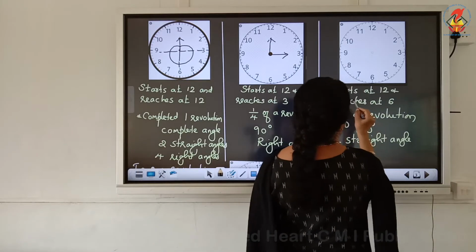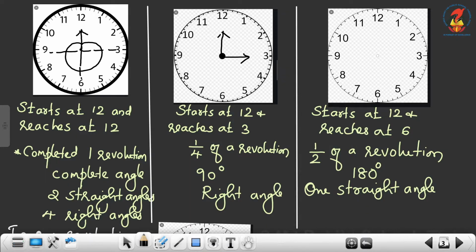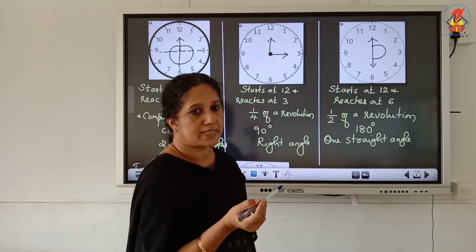Now the hand of a clock starts at 12 and reaches 6. What is the angle turned here? The angle turned is a straight angle. And what is the measure of a straight angle?